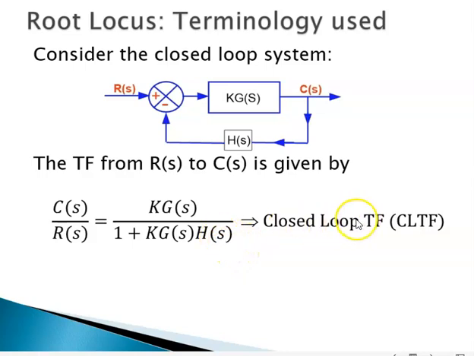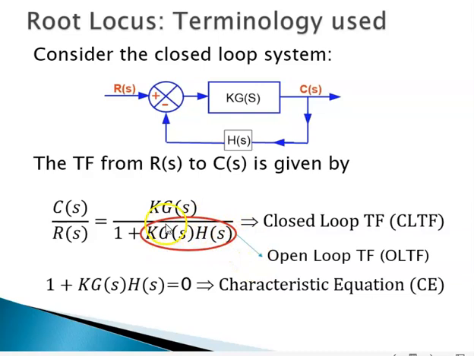This we call the closed loop transfer function. And this quantity, K multiplied by G(s) multiplied by H(s), we call the open loop transfer function. So this KGH is the open loop transfer function. This whole ratio C(s)/R(s) is what we call the closed loop transfer function.